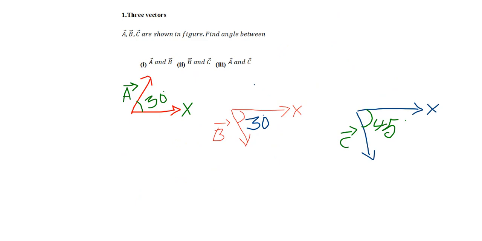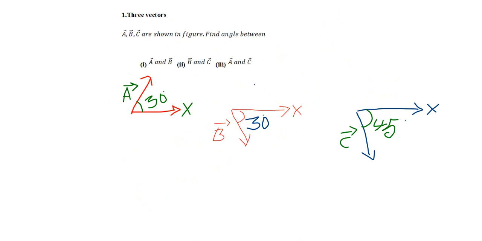Let us see. A bar makes an angle of 30 degrees. Vector B bar makes an angle of 30 degrees. We have to observe the angle carefully. Here C bar makes an angle of 45 degrees.